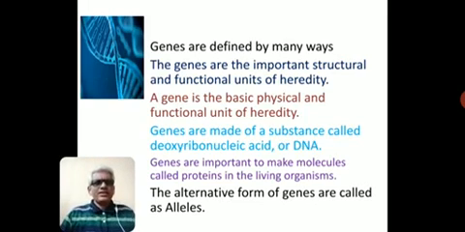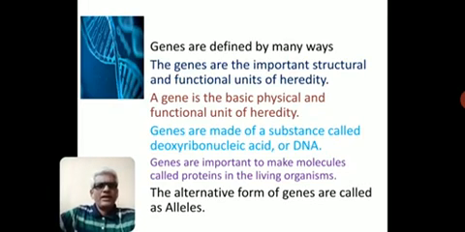It tells us that the particular child or offspring has some relation to their parents, and this relationship is brought about by the particular genes. So genes are very, very important.